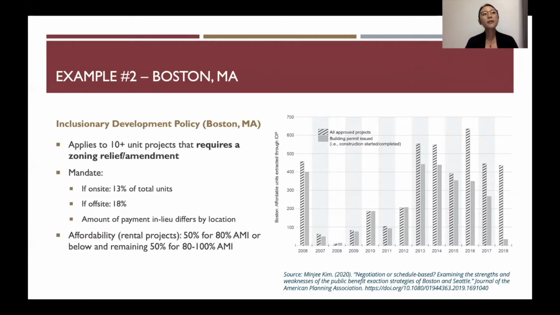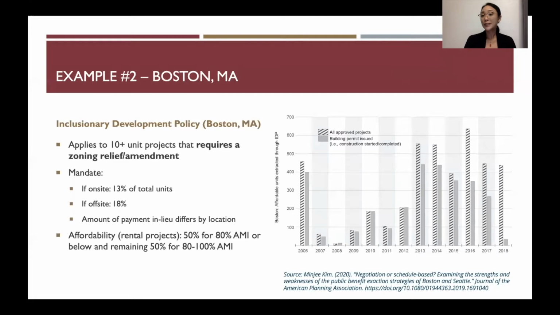Last year, I believe, the city submitted a home rule petition to the state legislature asking for authorization to create a local inclusionary housing program, and the state legislature approved that petition. So Boston will have a formal inclusionary housing ordinance in the coming years, if not months, but that is to be seen.